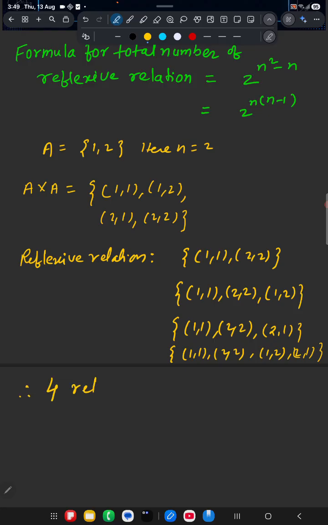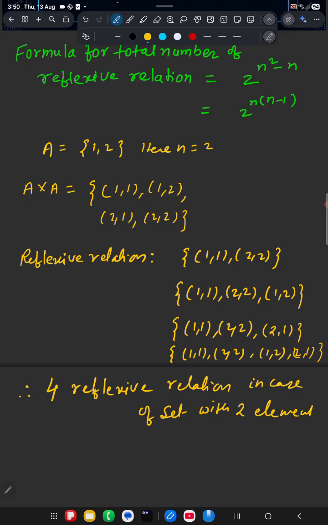Yes, therefore 4 reflexive relations are possible in the case of a set with two elements.